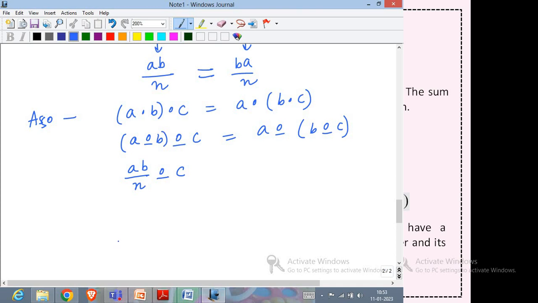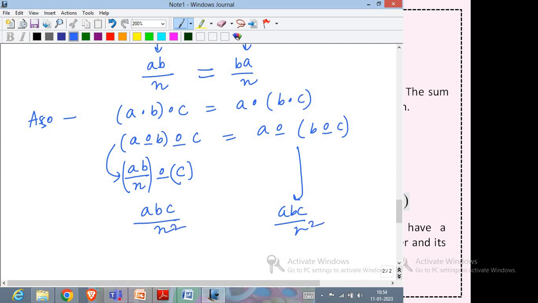What did I do? A dot B, this one, it's already given, it satisfies this equation. Now, this AB part and this one again form, we can relate it with the given condition. So, we can write it as ABC by N. And the same way you can prove it from this side as well, that this is also ABC by N. Sorry, N square. Sorry, N square.